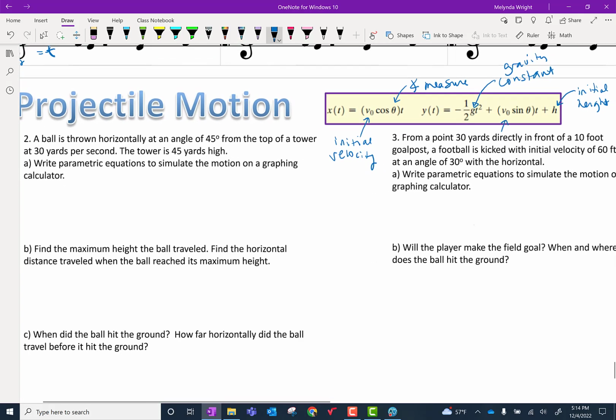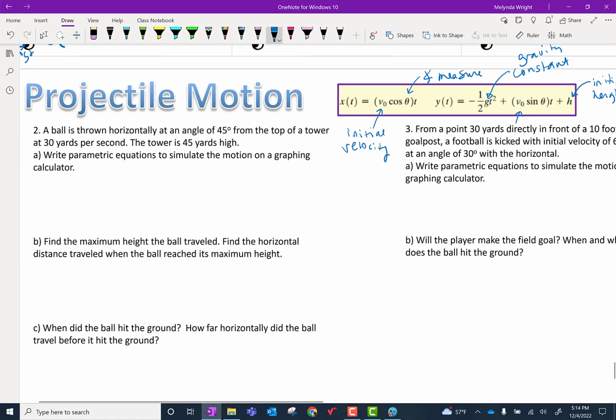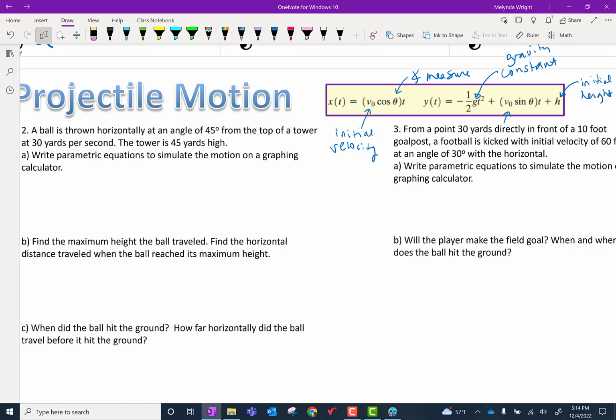So let's use those and come up with an equation for number 2. A ball is thrown horizontally at an angle of 45 degrees from the top of a tower at 30 yards per second. So this is our V naught.